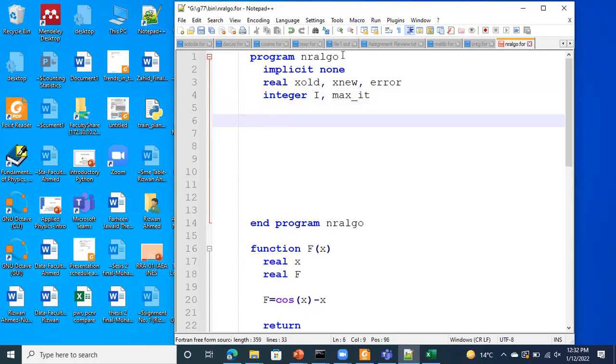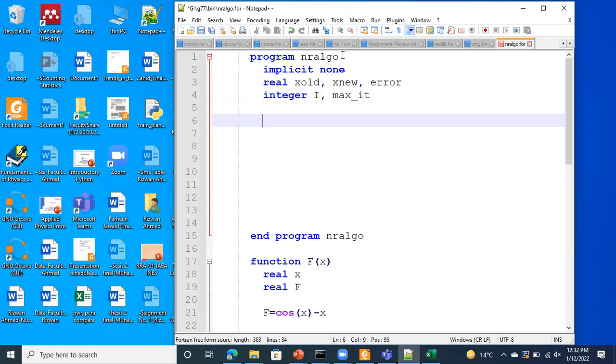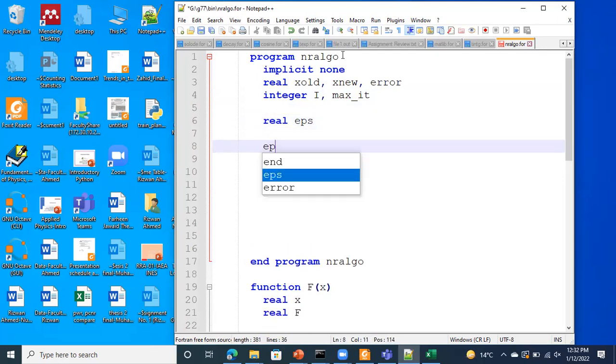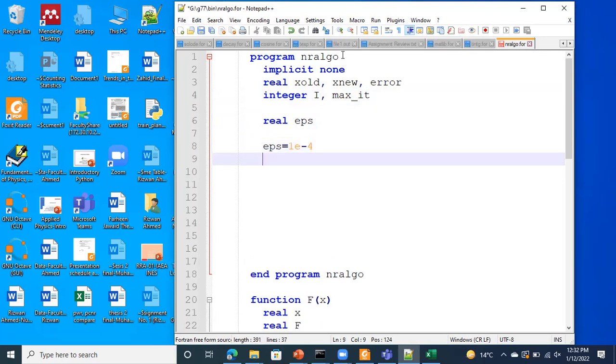Okay, so let's define a convergence value where we should stop. So I define epsilon, EPS. So EPS value is defined 1 10 to the power minus 4, up to 4 decimal places.